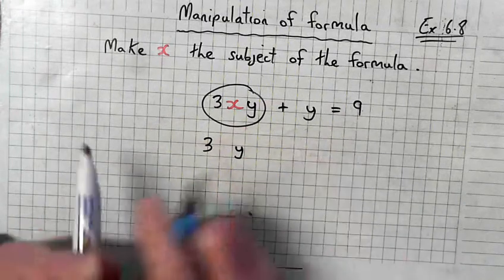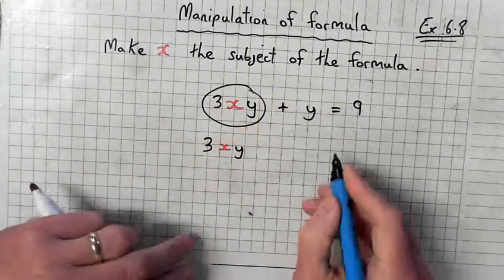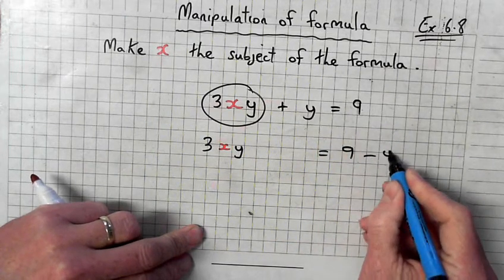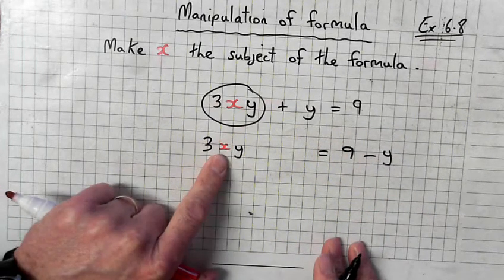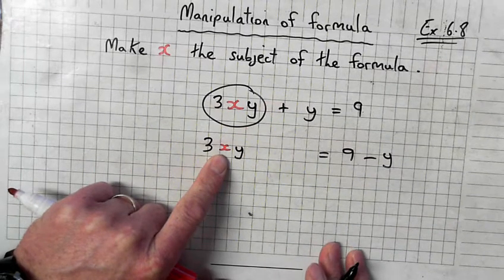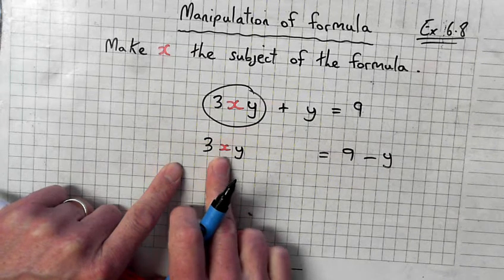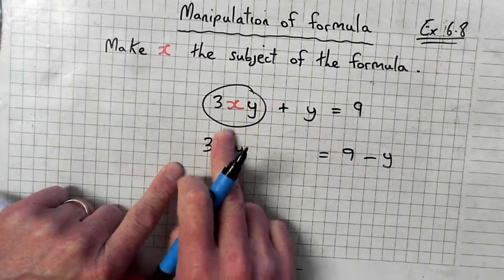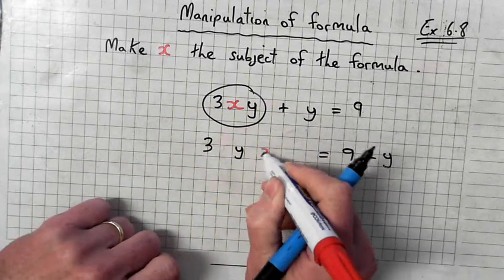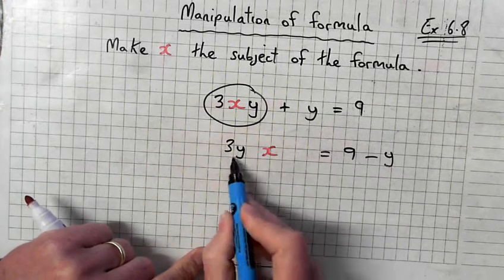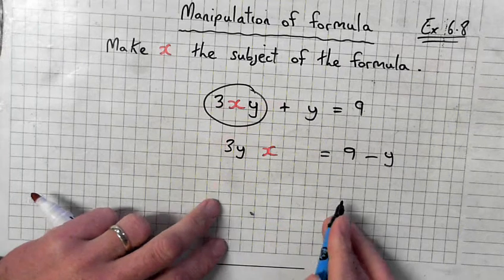So we've got 3xy equal to 9, and move the y across, minus y. Now I'm going to rearrange this slightly. Look up. This is 3 times x times y. So I can rewrite it as 3 times y times x, can't I? So that's 3y times x, same thing.